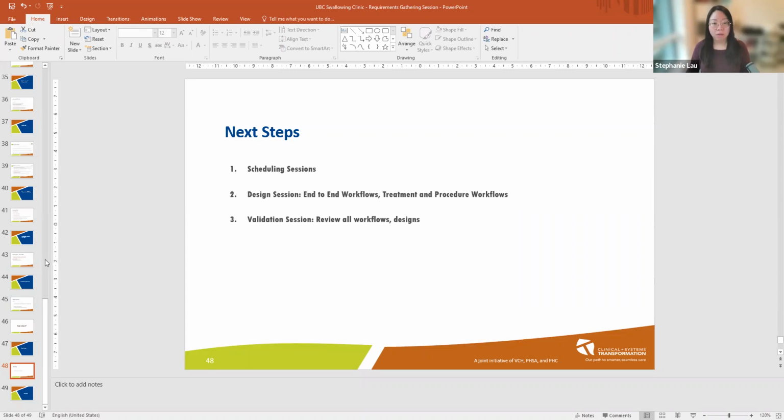Then we're going to start thinking about how that looks in the future with Cerner, thinking about some of the questions that everyone has raised today, and putting everything together. And then the validation session would be just to confirm, saying, hey, this is how it's going to all look, and making sure everything is working as intended.